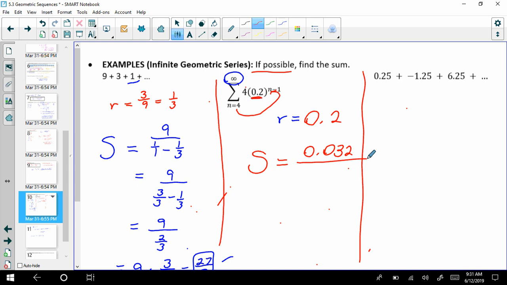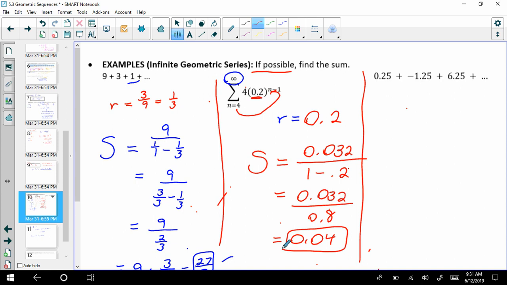That's my starting term. On the bottom, I have 1 minus 0.2. So I would have 0.032 over 0.8 after subtracting, and then go ahead and divide those, and we get 0.04.